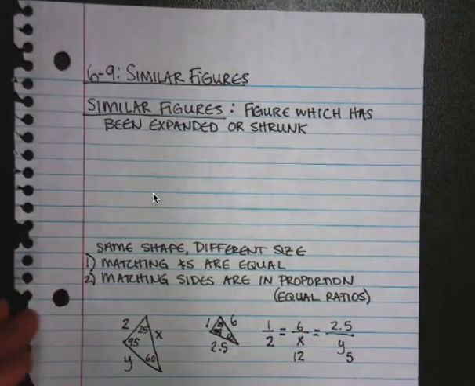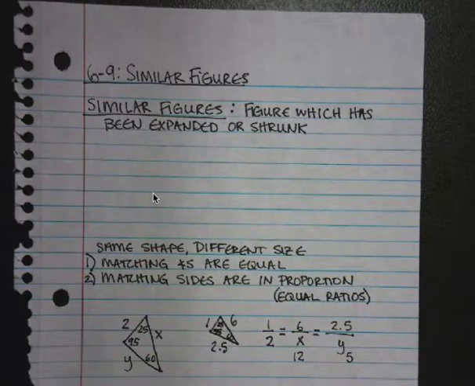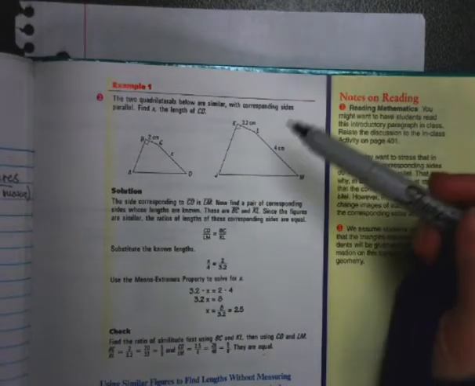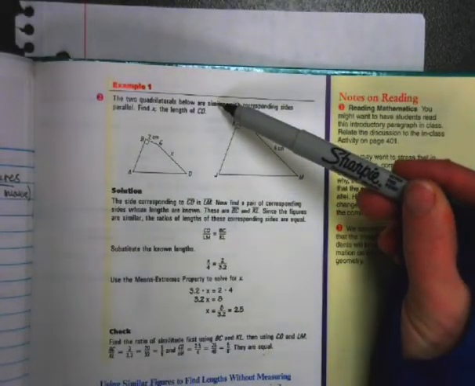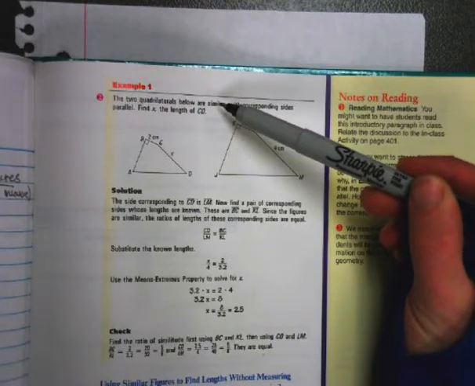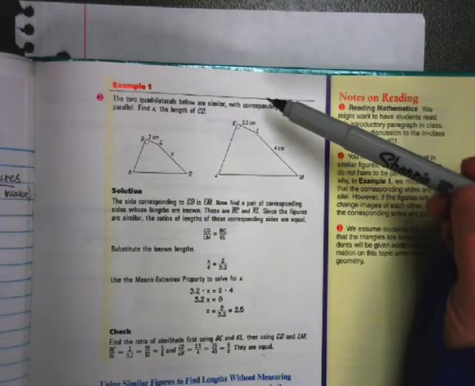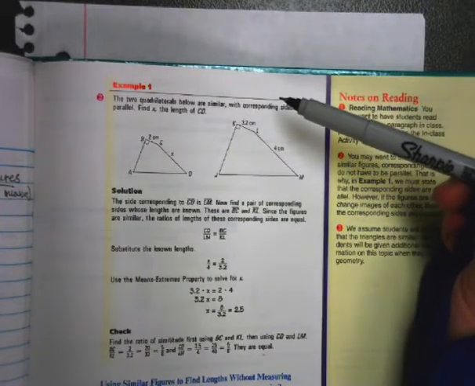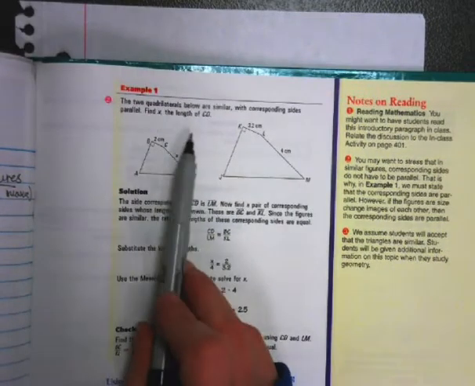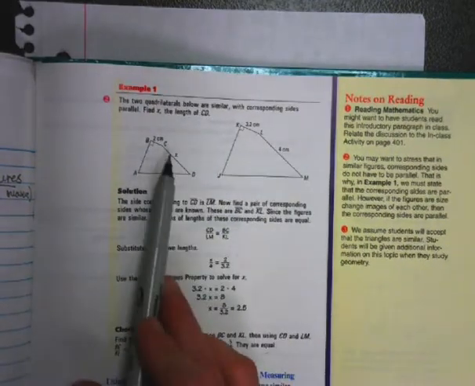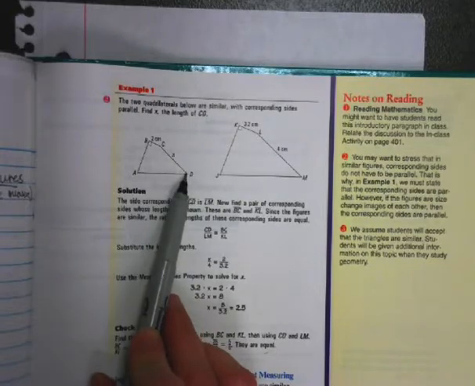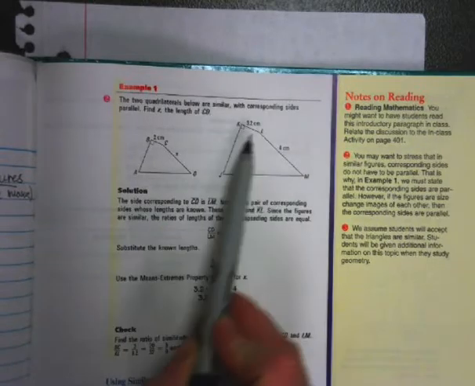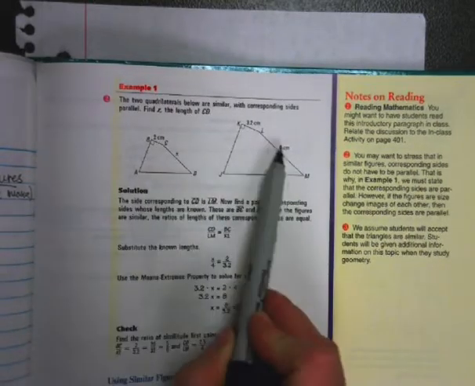Okay, so that we can see example 1. The two quadrilaterals below are similar. Because it's telling us they are similar, we know that the matching angles are going to be the same and the matching sides, or corresponding sides, are going to be with the same ratio. And I want to find the length of CD. So right here. I can see right now that BC is the matching side with KL and CD is the matching side with LM.